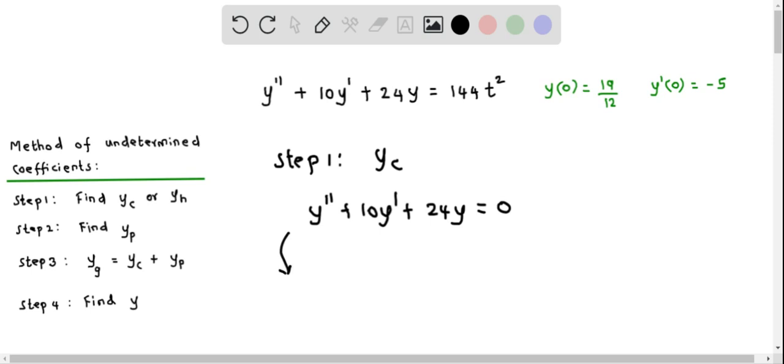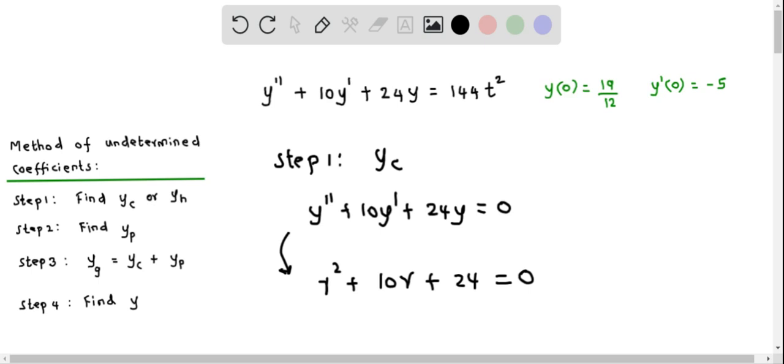Now we write down the auxiliary equation by substituting y as 1, y prime as r, and y double prime as r squared. So it is r squared plus 10r plus 24, and this equals 0.